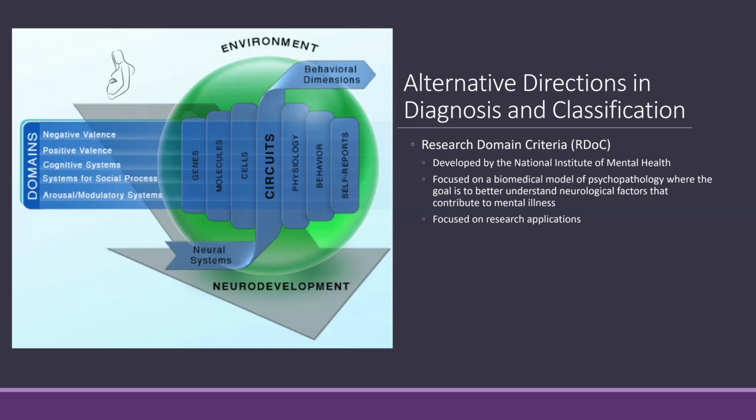So what we have are these very specific domains. Negative valence refers to negative emotions, then positive valence, cognitive systems, which would include things like memory or attention, systems for social processing, and then arousal and modulatory systems. So very neurologically based. What RDoC is trying to do is organize all of our research information across different levels of analysis, going from genes, molecules, cells, neural circuits, the physiological systems, behavior, all the way up to self-report.